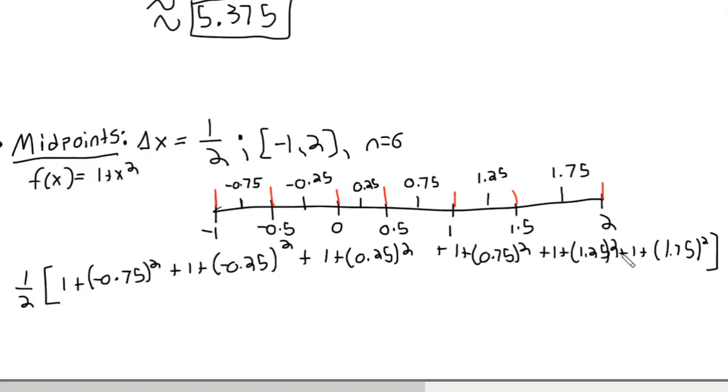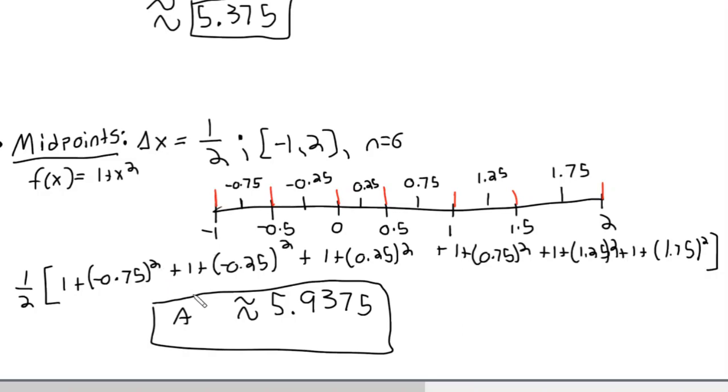And if you put all of these computations in your calculator, you'll get the answer. This is about 5.9375, and that's what our area approximately is.